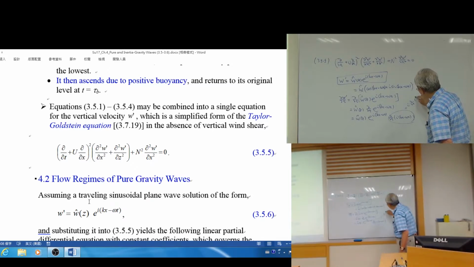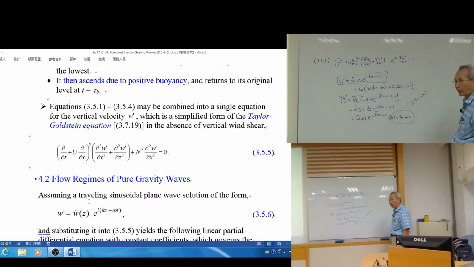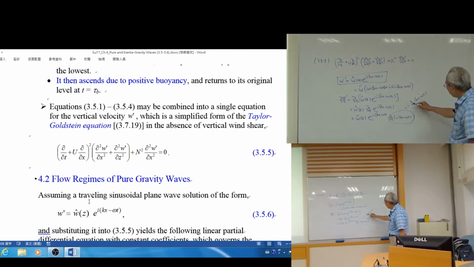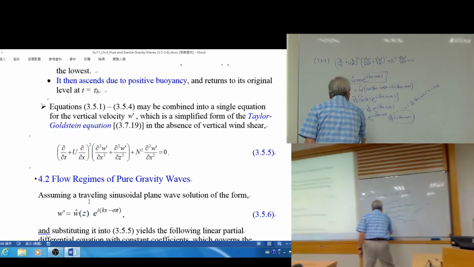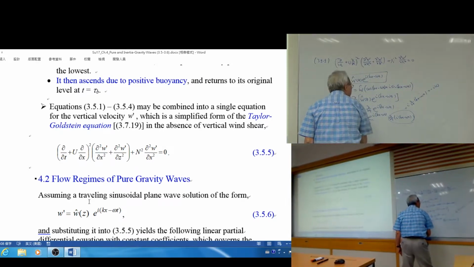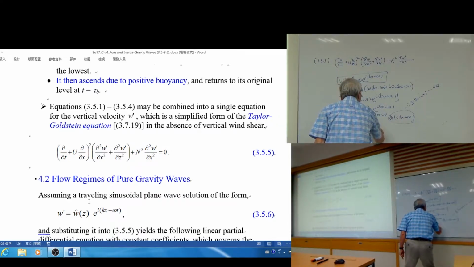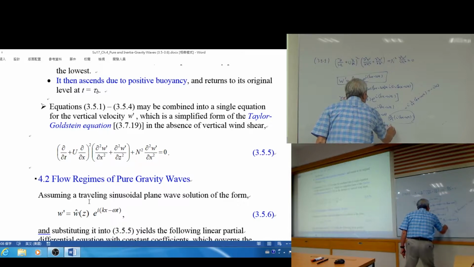Kx is not a function of t, so it will be gone, and this becomes negative i omega. So we have negative i omega times W hat e to the i(kx minus omega t).